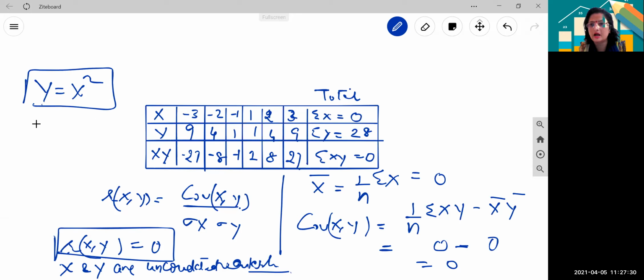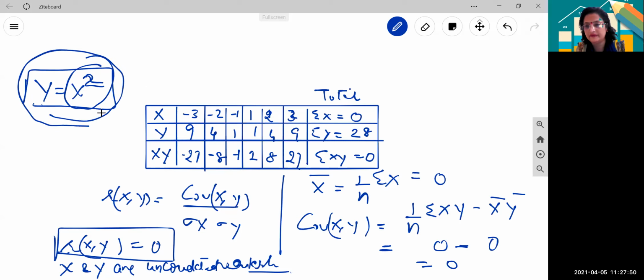So the variables are uncorrelated means there is no linear relationship between these two variables. So here the relationship is curvilinear. Right? And it doesn't mean they are independent. They are not independent. They are dependent on each other.